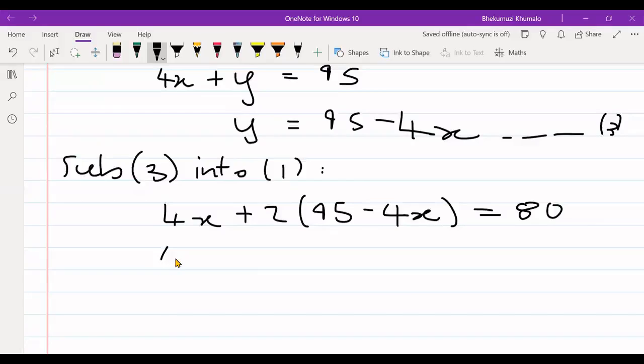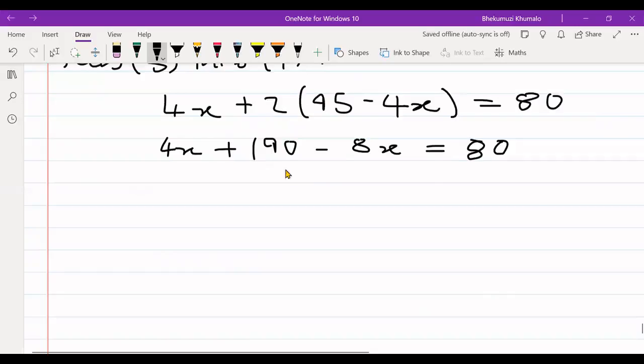So here we have 4x plus 190 minus 8x is equals to 80. And so now the only thing we need to do is group the like terms or add and subtract the like terms.